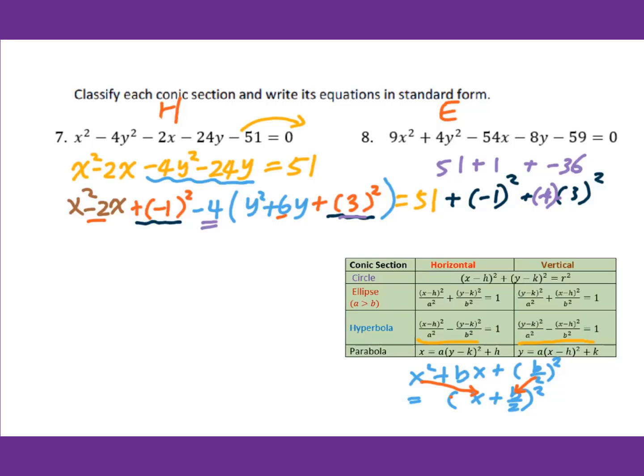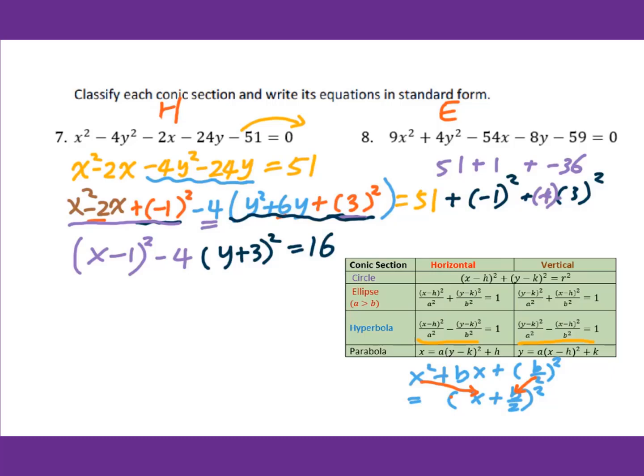Now we will form completing squares from these. That will be (x minus 1) squared, then minus 4, working on this, (y plus 3) squared equals 16.